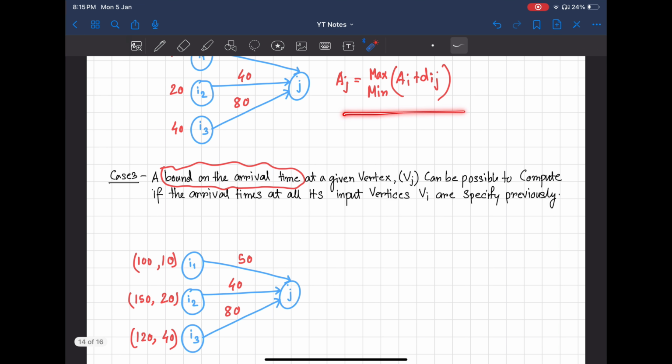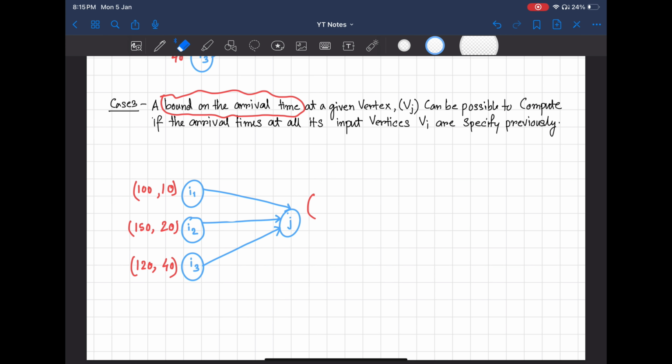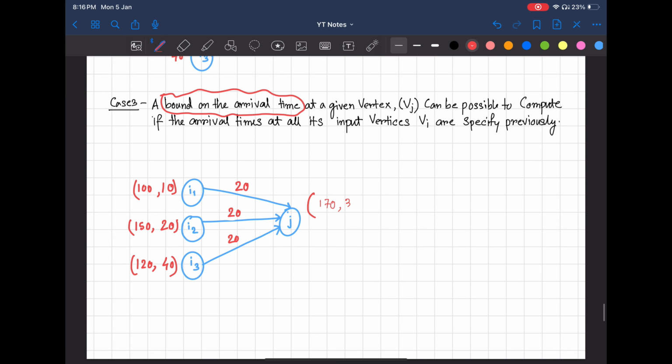For the simple case I would suggest taking every net delay as 20 picoseconds. It will be easy for you to understand. So the bound will be for the maximum one 150 plus 20, so 170. The minimum one was 10, 20 and 40, so 10, plus 20 is 30. So 170 comma 30. In this way I can also store the bounded type of arrival time.